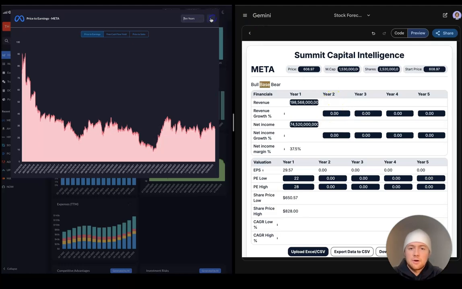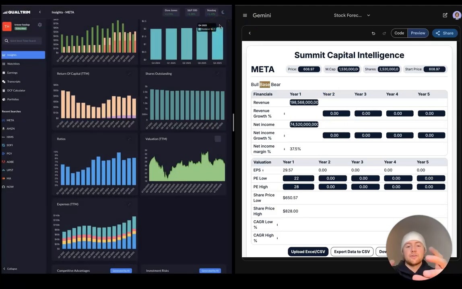Now let's talk about, so we have all of our fundamentals down. We've got our full year revenue number, which we can update once they come out with earnings with what they actually came out with. Full year net income. We have our net income margin. We have our EPS. We have our PE ratio on the low end and on the high end. And this gives us a share price on the low end and on the high end.